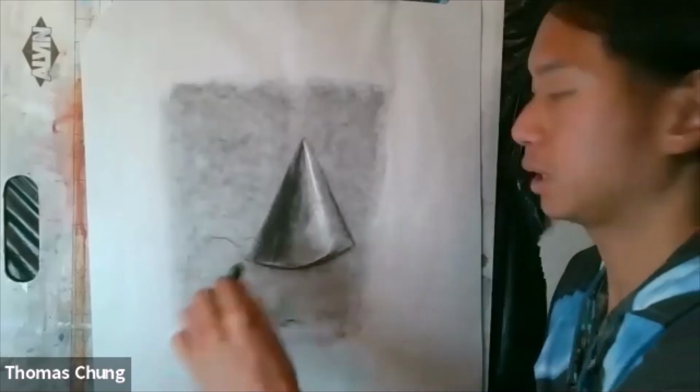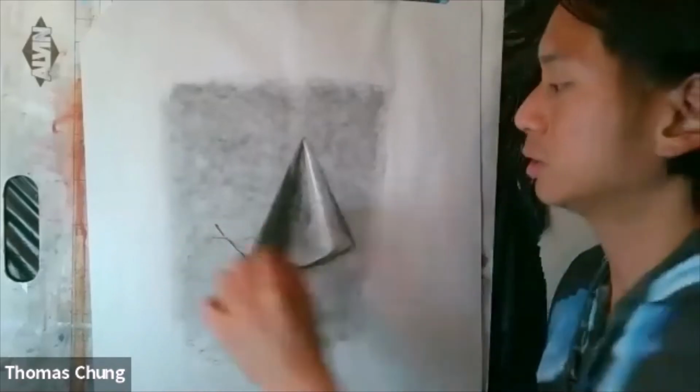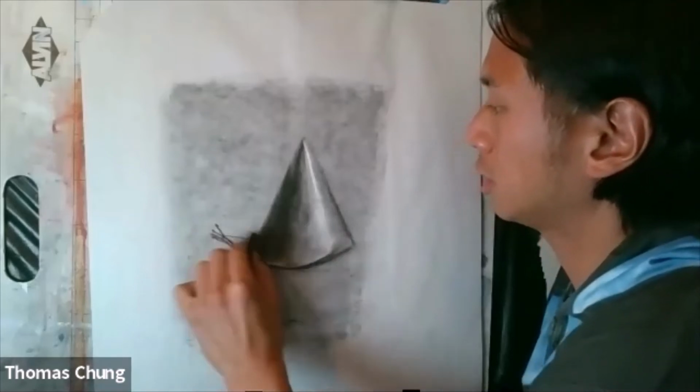So now let's get the cast shadow in based on the diagram. There is an angle, a direction to that shadow.